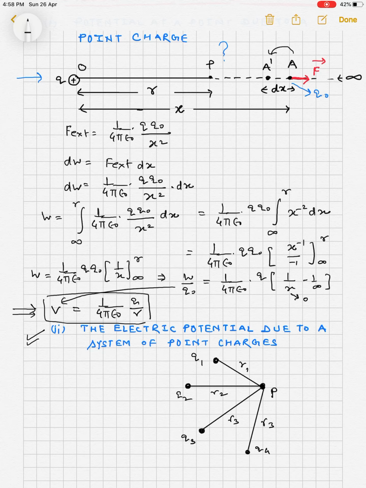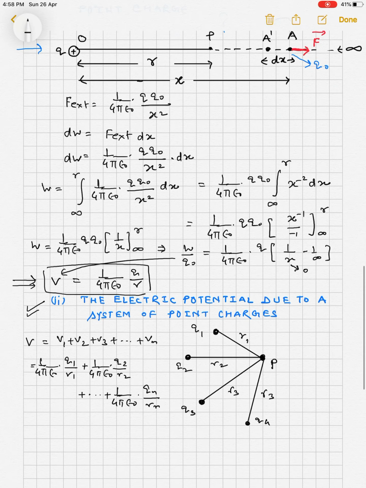Suppose there are n charges, so the electric potential at P will be the algebraic sum of electric potential due to all these charges. So V will be equal to 1 upon 4 pi epsilon naught Q1 upon R1 plus 1 upon 4 pi epsilon naught Q2 upon R2 plus and so on, 1 upon 4 pi epsilon naught Qn upon Rn.